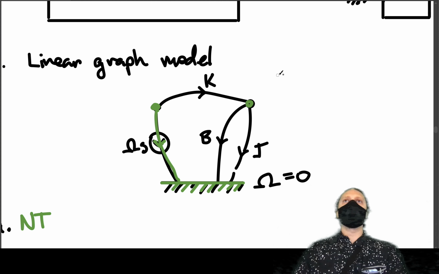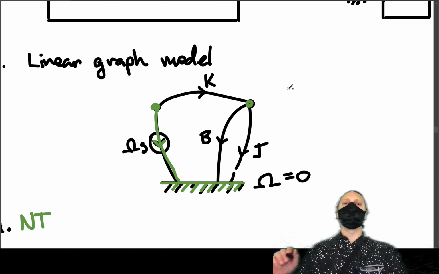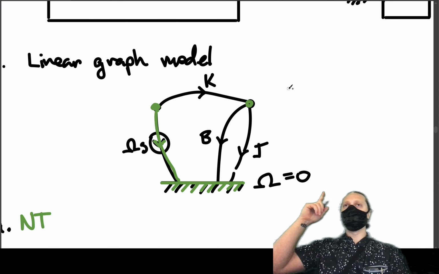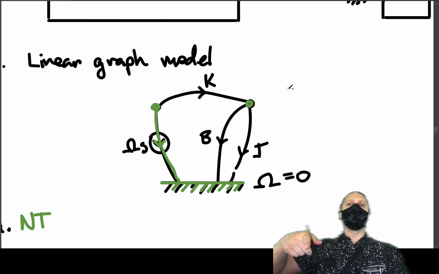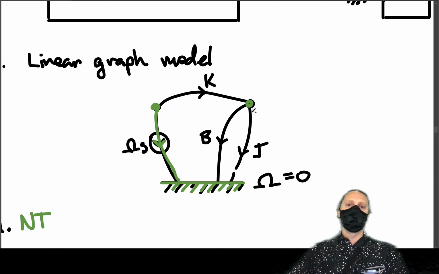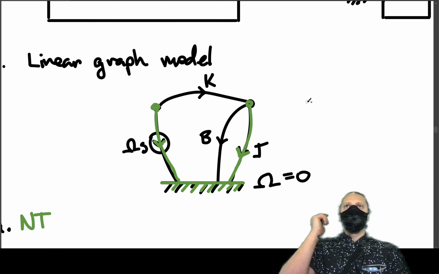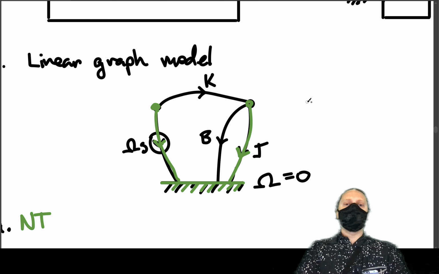The A-type element for a rotational mechanical system is the capacitor analog, which is J, the moment of inertia. So J. Boom. All right, so now we actually are done.